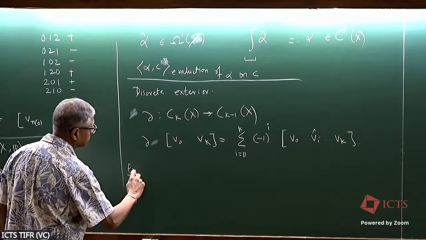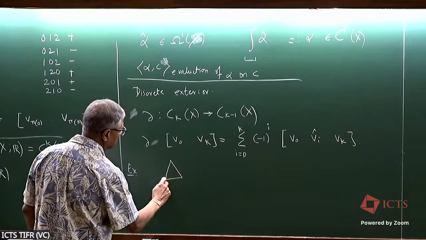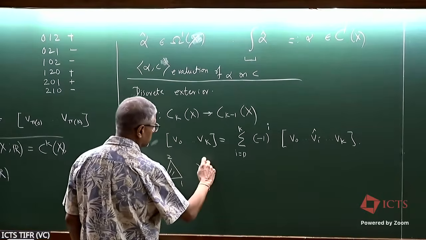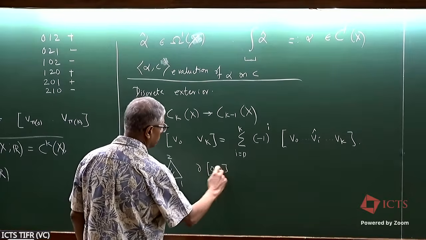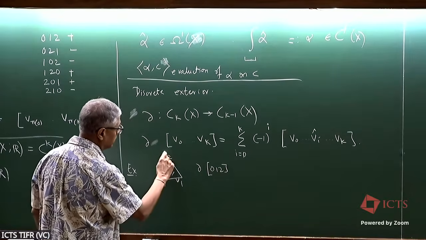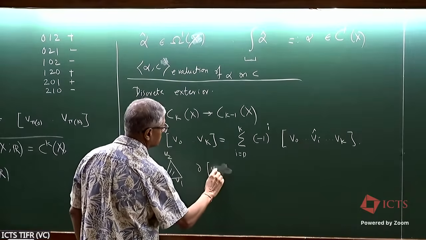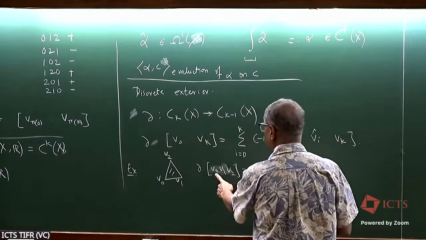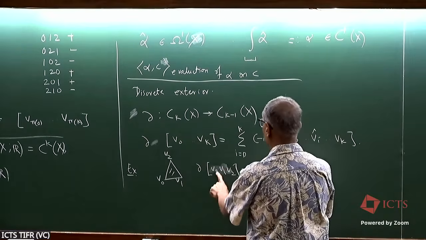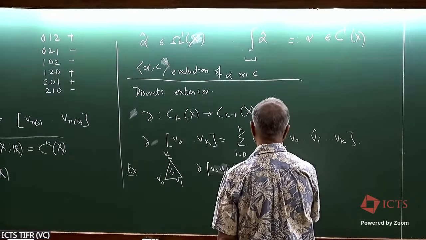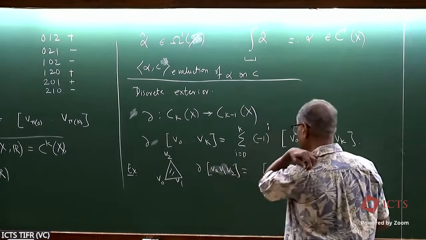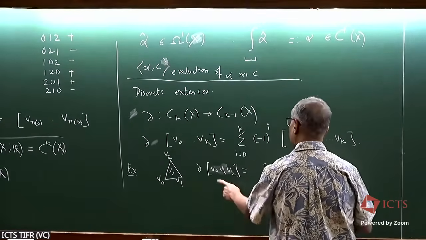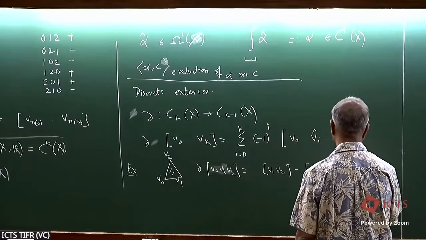For example, if I have the triangle V0, V1, V2, then the boundary of this triangle: you keep deleting one vertex at a time and put a sign. So minus 1 to the 0, delete this guy, that's V1, V2. Then delete this one, minus sign, V0, V2. And then delete the last one, plus sign, V0, V1.